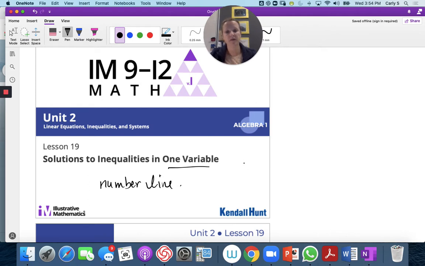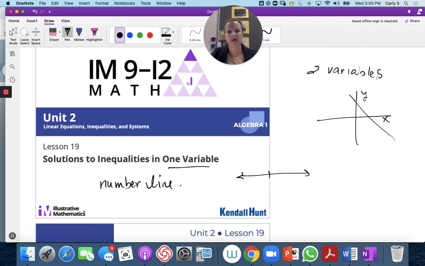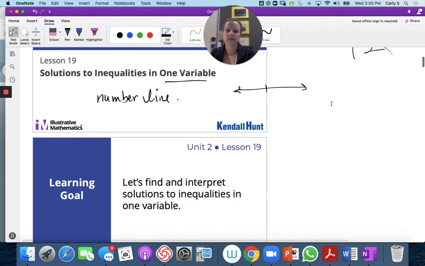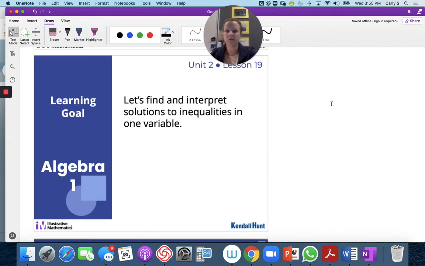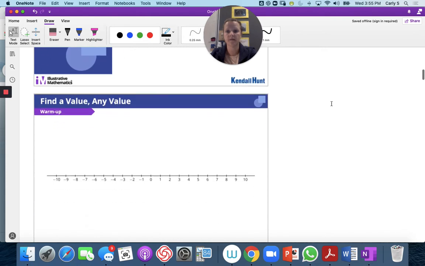When we have two variables, we'll be in an XY coordinate plane and draw lines and shade. But that's not today. So let's find and interpret solutions to inequalities in one variable.